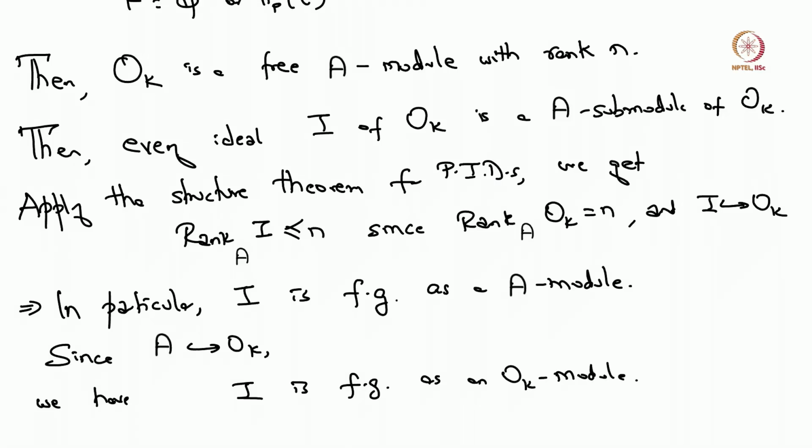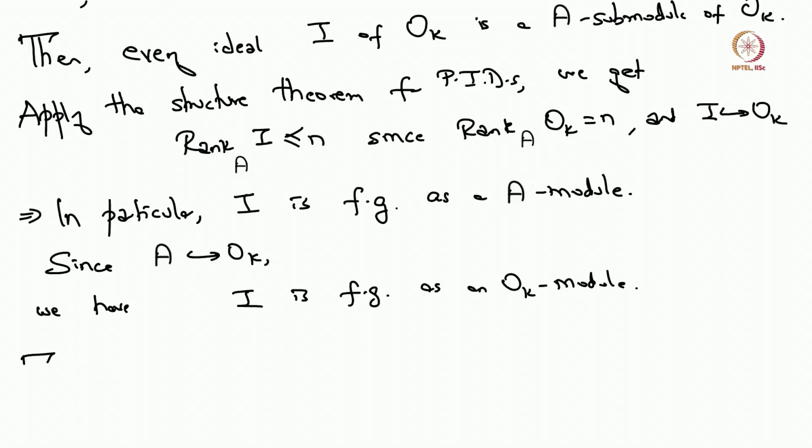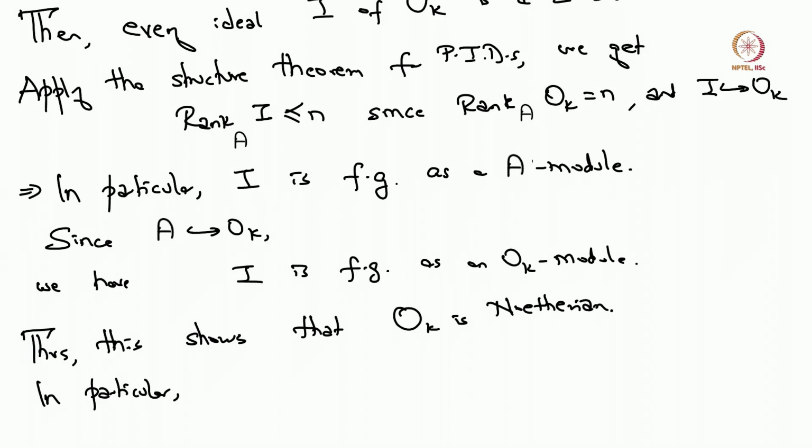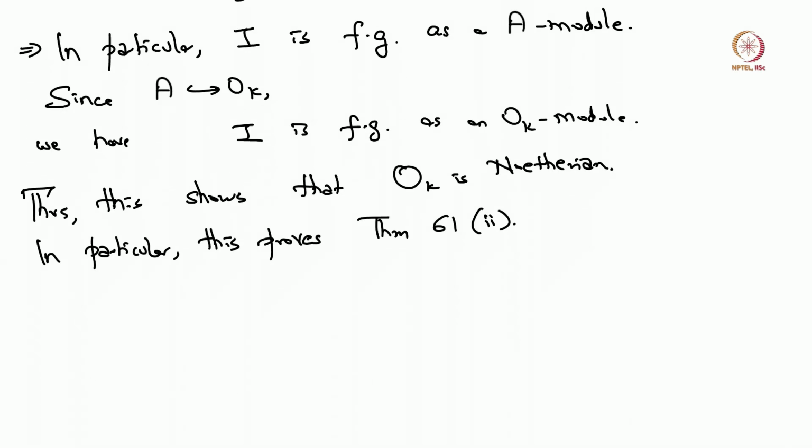This was true for any ideal I of O_K, and so this shows that O_K is Noetherian. Okay, so in particular this proves the second property that O_K needs to satisfy, in particular that it's Noetherian. So this proves theorem 61 part 2, and now the third part is remaining.